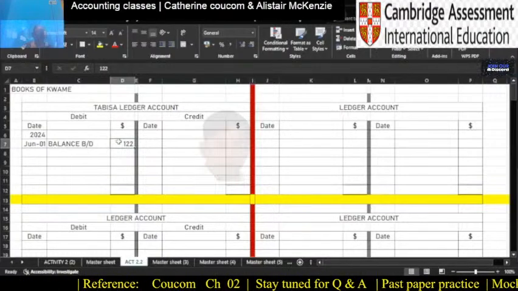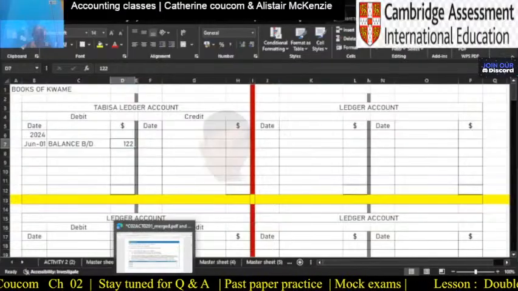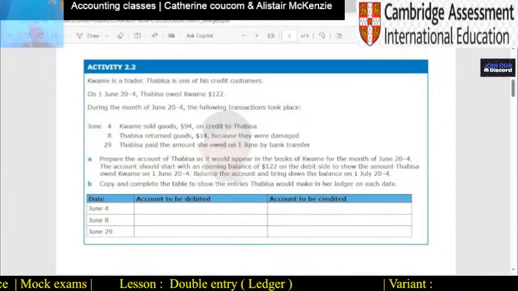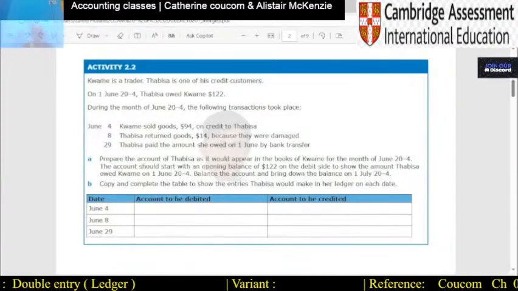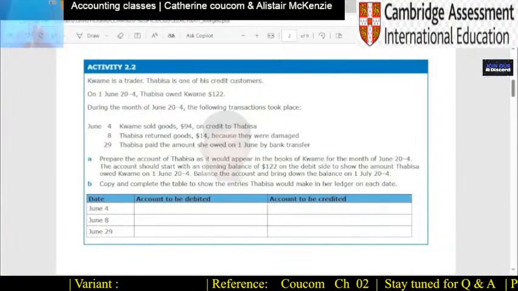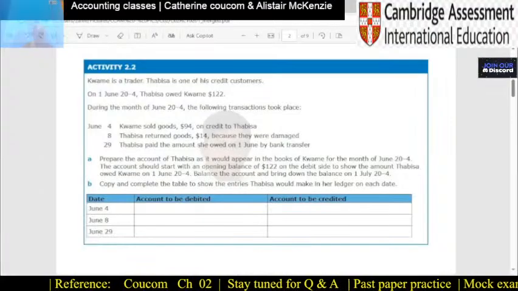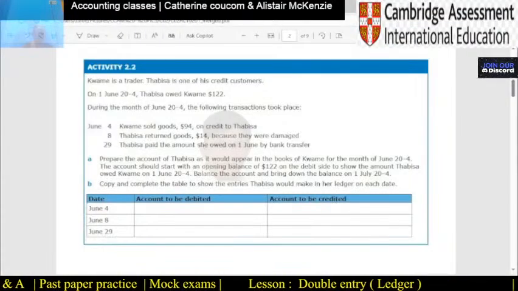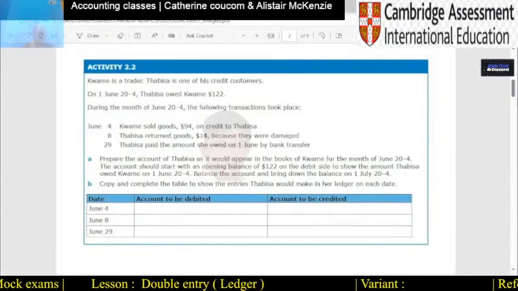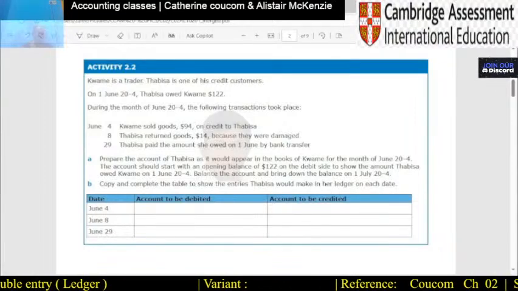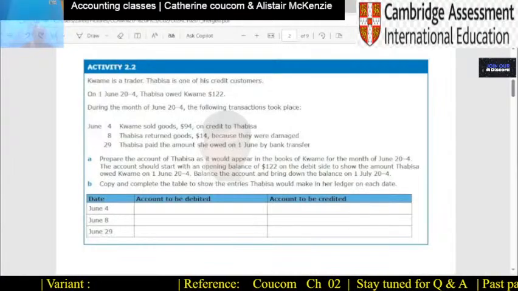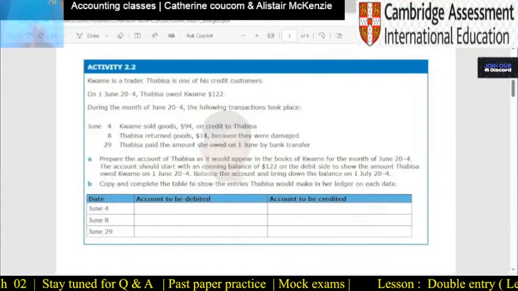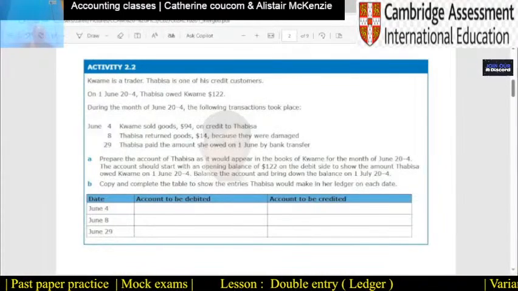Okay, so next, what has happened? Next transaction: Kwame sold goods 94 on account to Tabisha. In the books of Kwame, that means sales. Kwame sold to Tabisha.